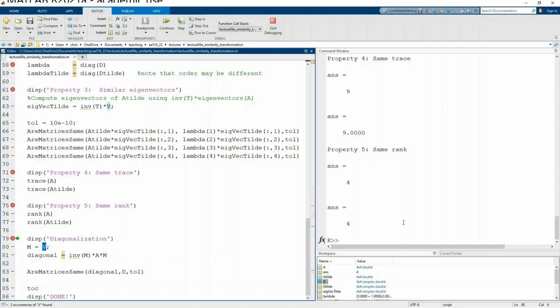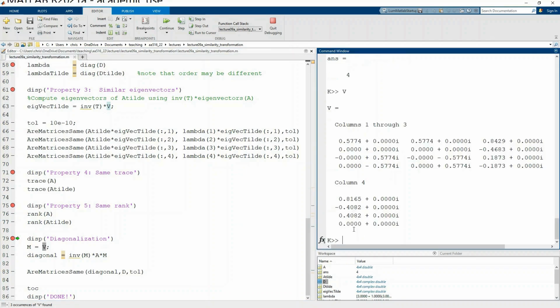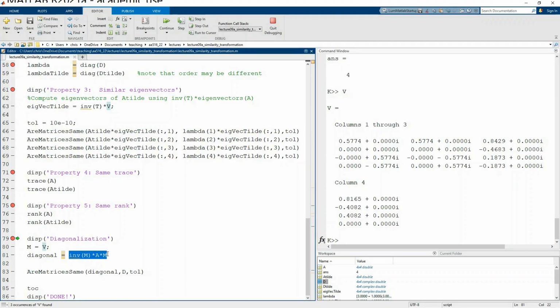Let's be very clear on this: this matrix V is the eigenvectors of A, not A tilde. If I use the eigenvectors of A, I can perform my similarity transformation using the modal transformation matrix, and I should end up with a purely diagonal matrix with the eigenvalues along the diagonal. So again, let me step through and look at this.